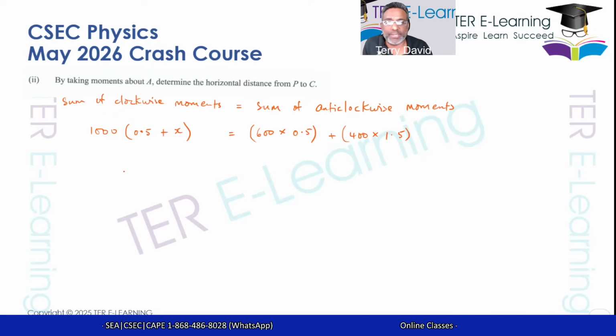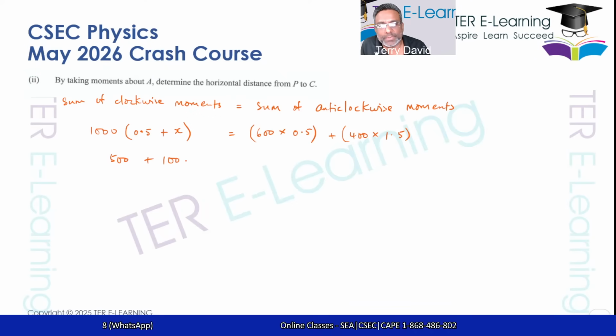So in this case, this is going to be 500 plus 1000x is equal to 600 by 0.5, which is 300, plus 400 by 1.5, which is 600. Yeah, so you have a maths problem here now.